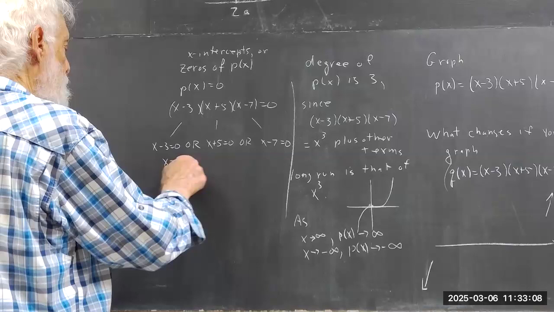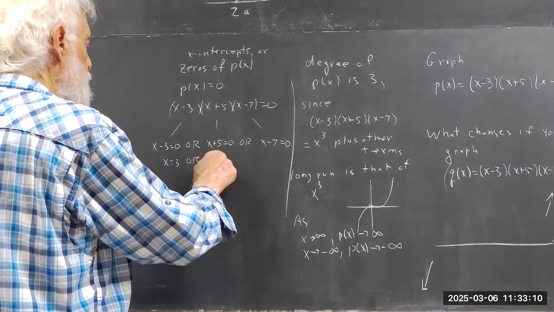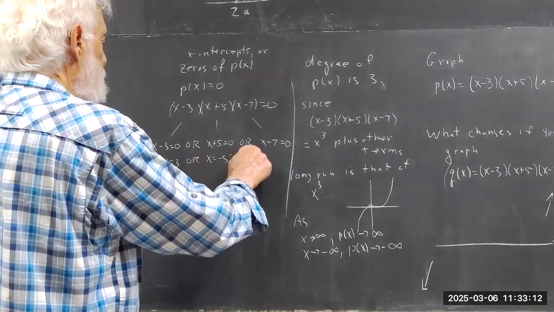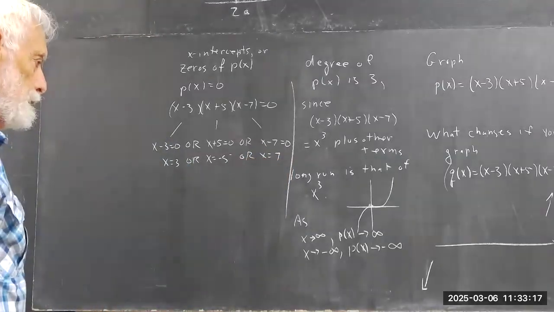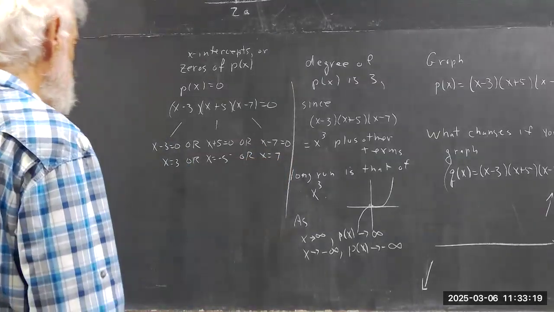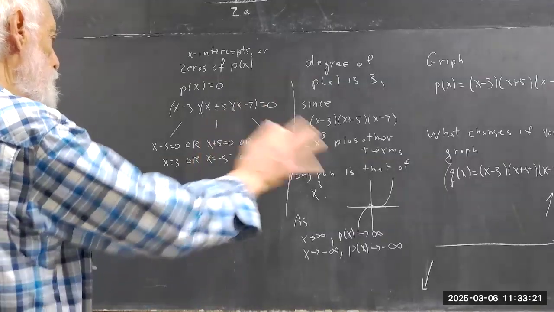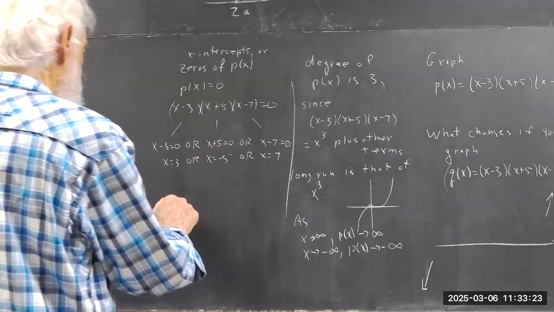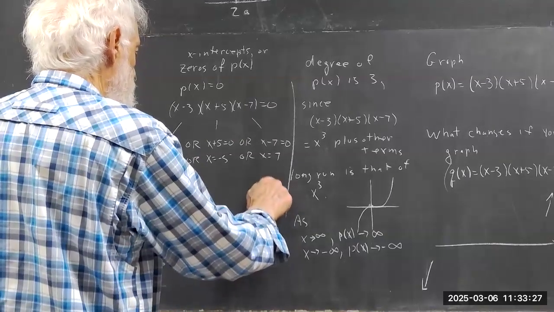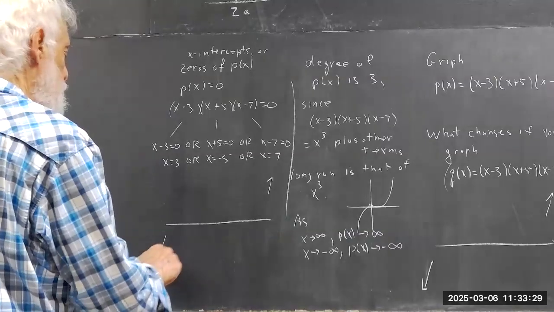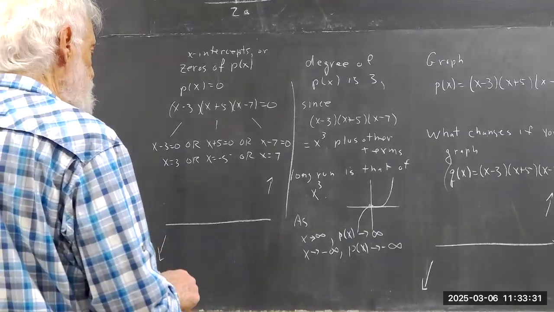And those equations are easily solved. x equals 3, or x equals negative 5, or x equals 7. I started to draw it over there, but I better draw it over here. So again, we have our long run behavior that we've already figured out.